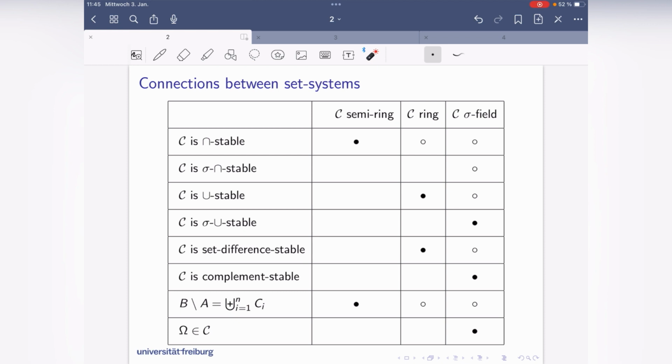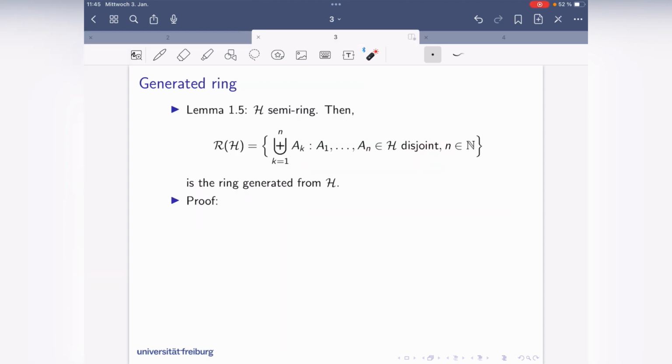So what will I prove? Let me start with proving intersection stable, because I will need this in the next step.